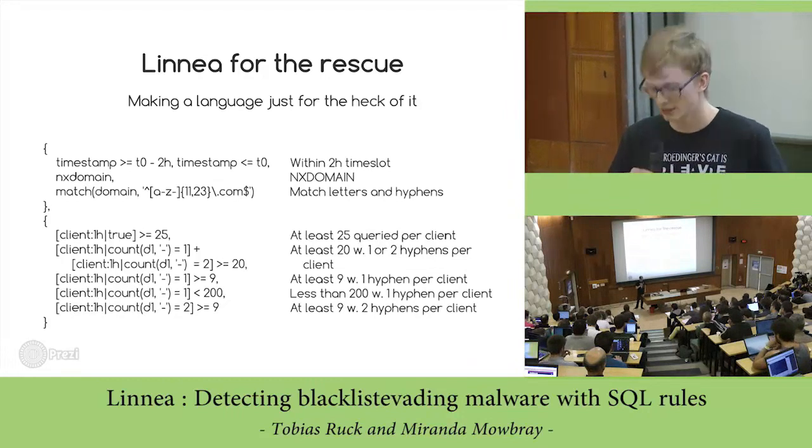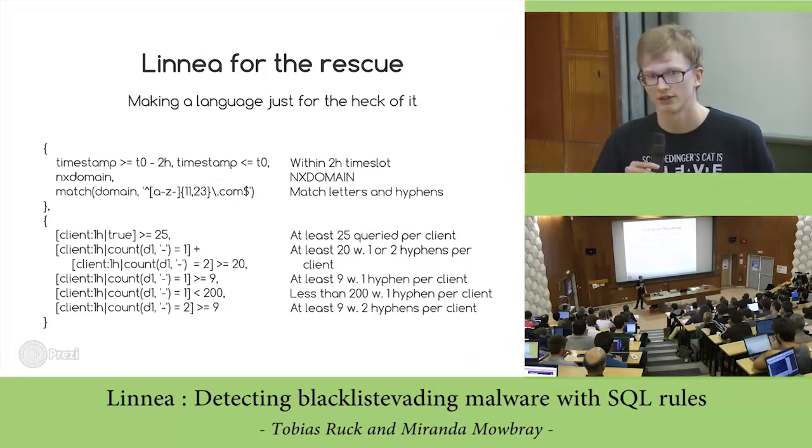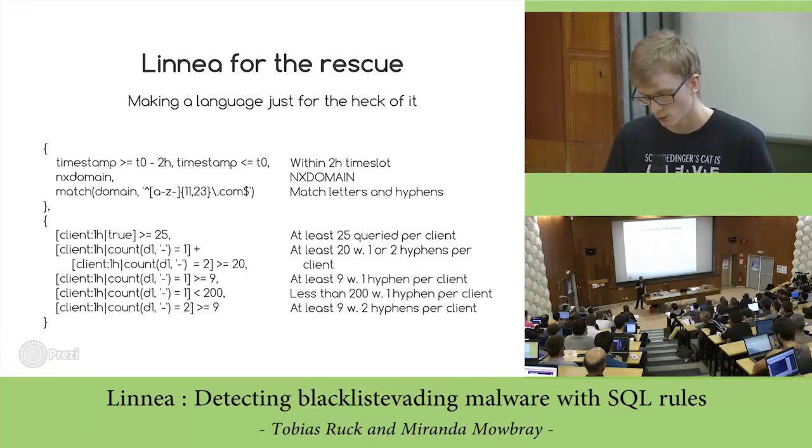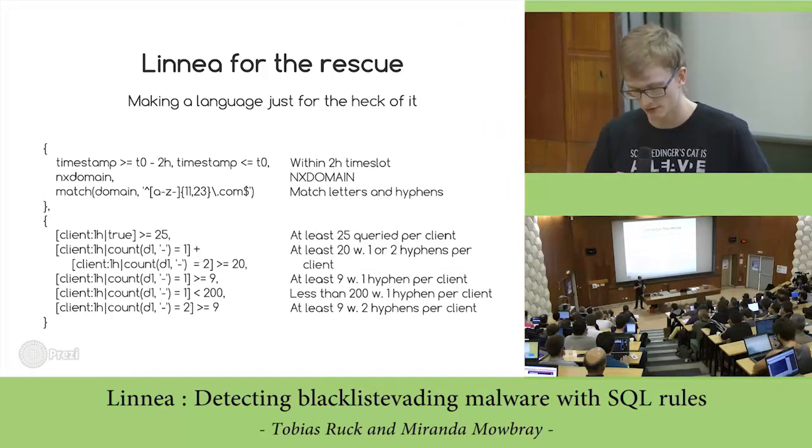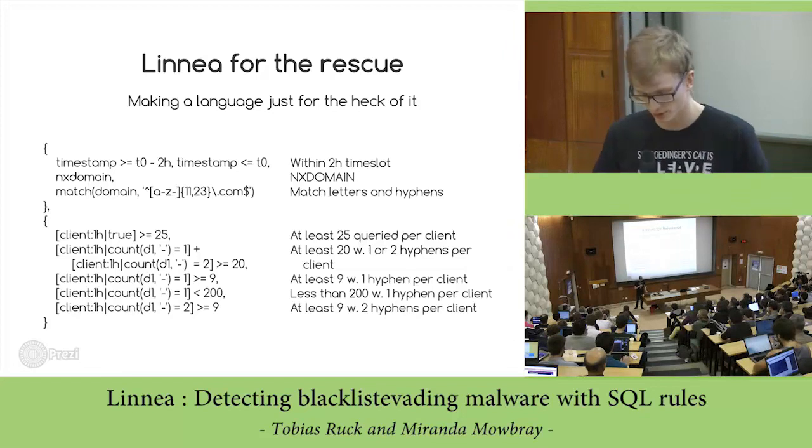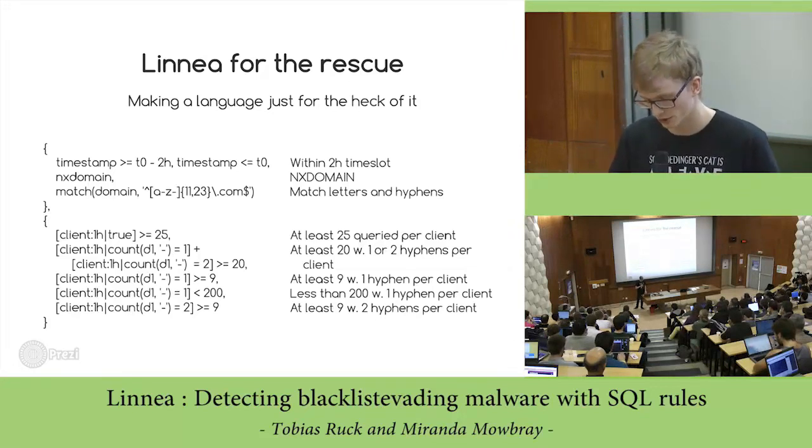In the next block, where the interesting part is, the syntax is very linear specific with the brackets. I'll explain that later. We check if there's at least 25 queries per client within 1 hour forward and preceding.